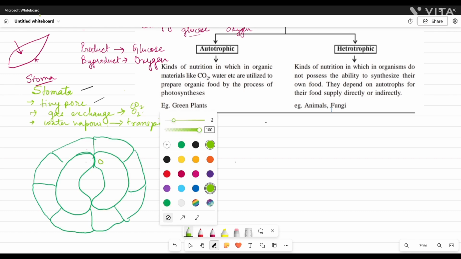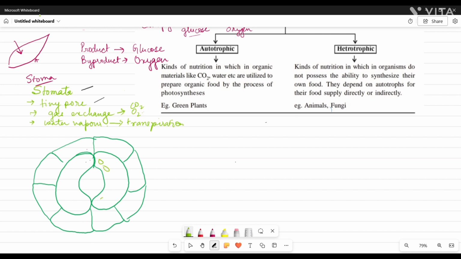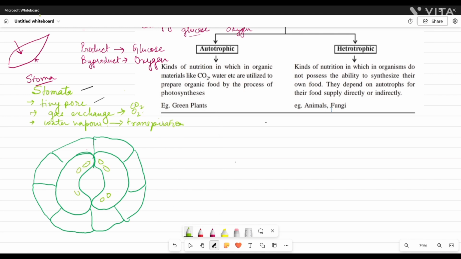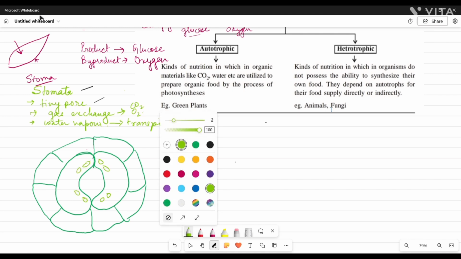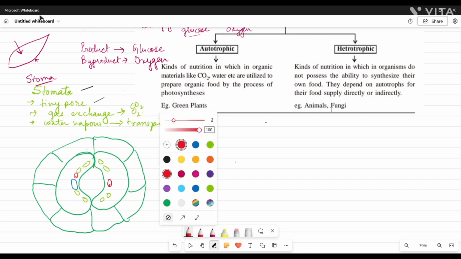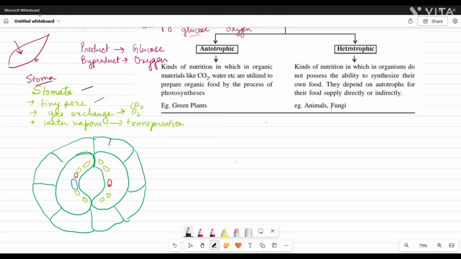Now, these are small chloroplasts. Let me draw the chloroplast over here. Then we have one big vacuole. Then we have the nucleus. Now let us mark. This is the epidermal cell.